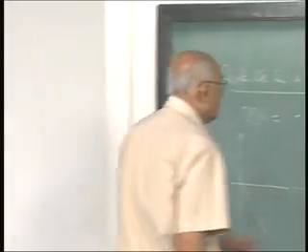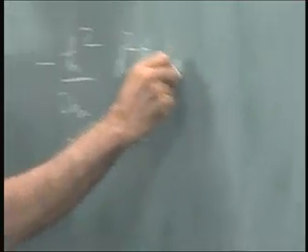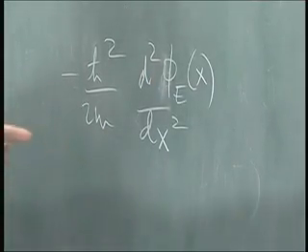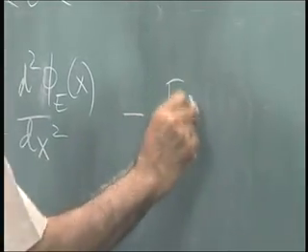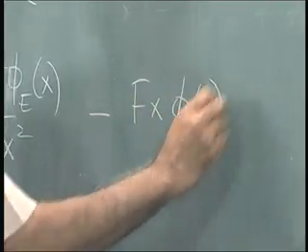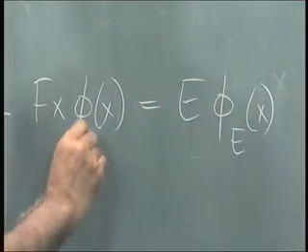So for any E I have minus h cross squared over 2m d2 phi E of x over dx2 plus the potential, minus Fx, times phi E of x, equal to E phi E of x.